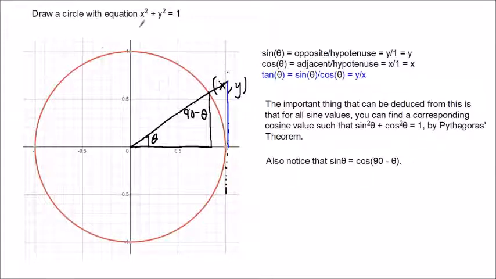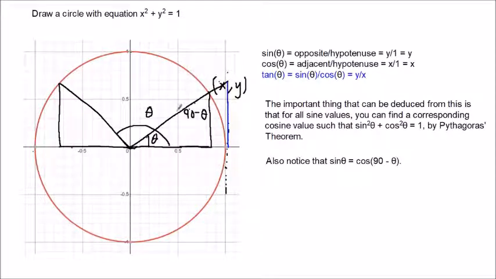You draw a circle, this circle of x squared plus y squared equals 1, and if we put any triangle in it, like this, this angle is angle theta. Our right triangle is working from here, and then we can tell our position based on that.